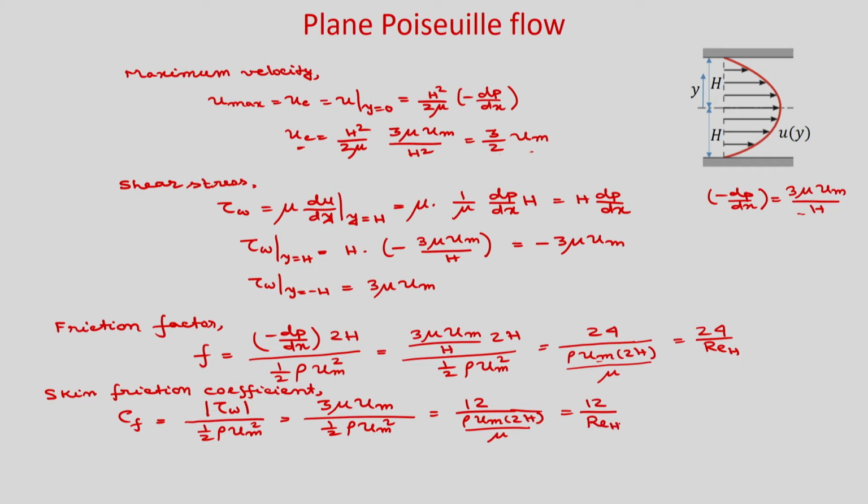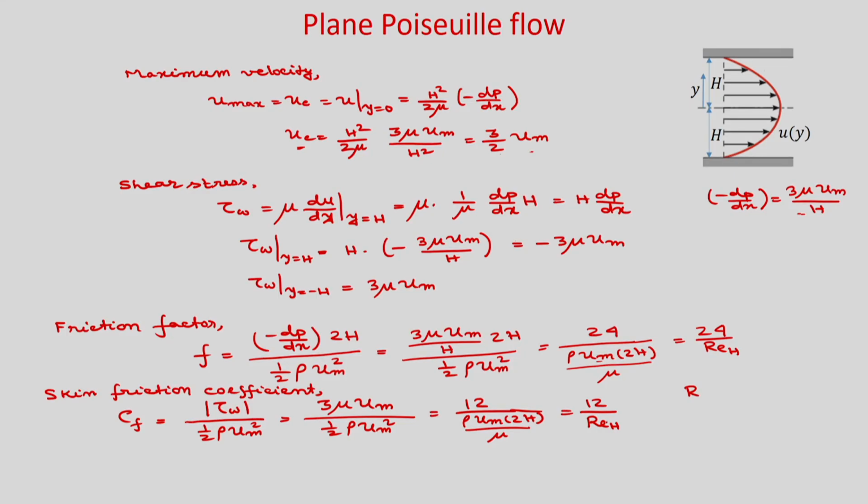So, for the fully developed flow inside two parallel plates, we have calculated the shear stress on the wall, and hence we have calculated the skin friction factor, which is the dimensionless representation of the wall shear stress, as 12 by REH, where REH is the Reynolds number based on the channel height.